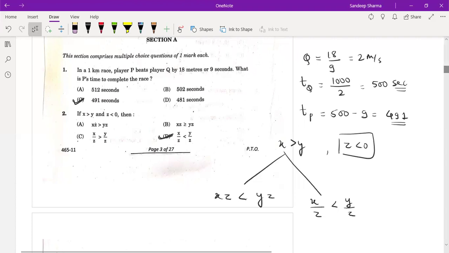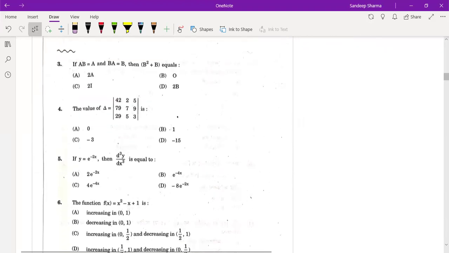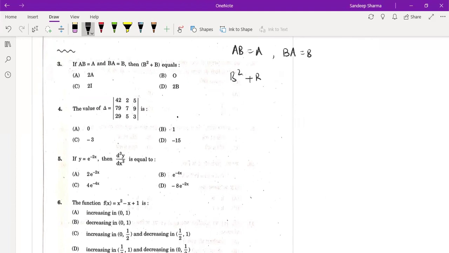Let us move to the next question now. Next question we have is question number 3. It says that AB is equal to A, BA is equal to B. So we need to find the value of B square plus B. Now see, B square I can write as BA multiplied by BA, plus B. Now what is AB?